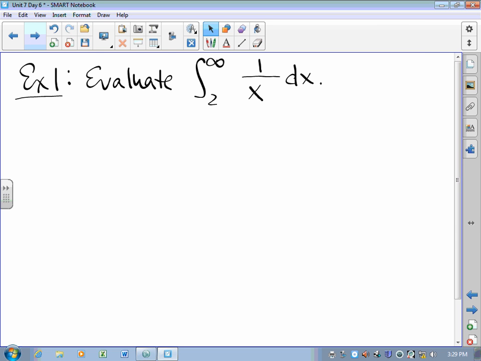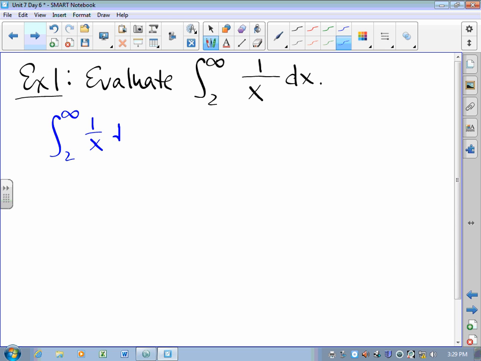This is a type 1 improper integral. It's not really called a type 1 improper integral, but if you were on the other slide, it'd be definition part 1. So the integral from 2 to infinity of 1 over x dx is the same as the limit as b approaches infinity of the integral from 2 to b of 1 over x dx.